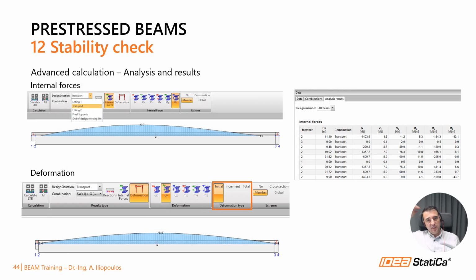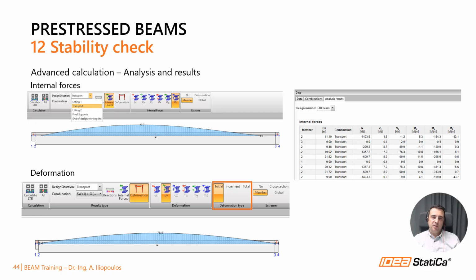As already mentioned, this is a fully materially and geometrically nonlinear analysis. It means that the reinforcement and the tendons are both taken into account, and the concrete in tension is automatically excluded from the calculation.